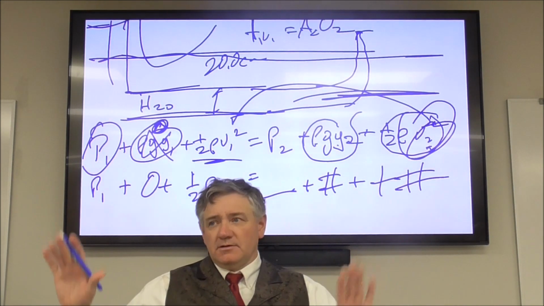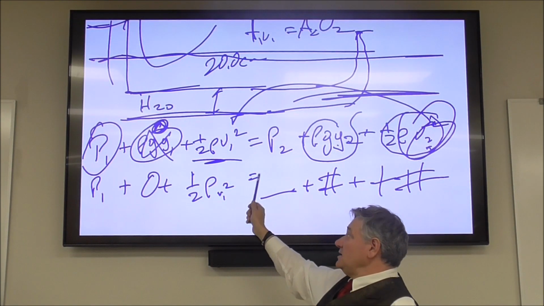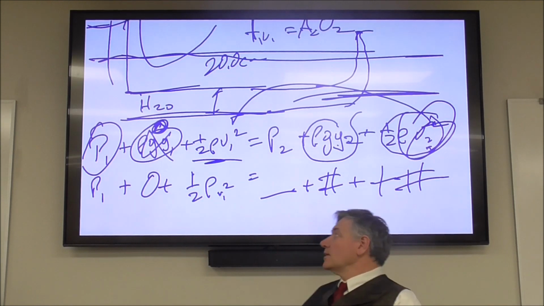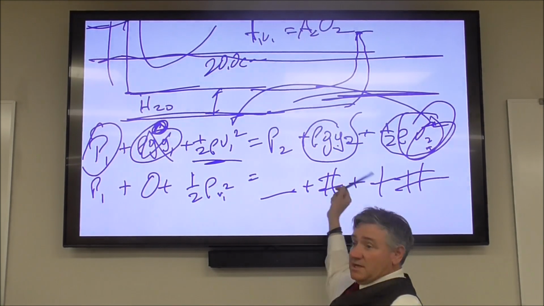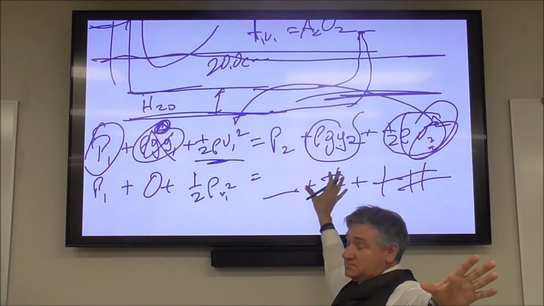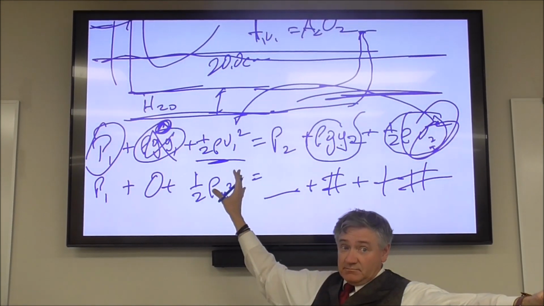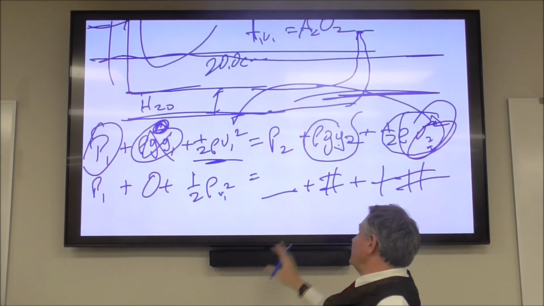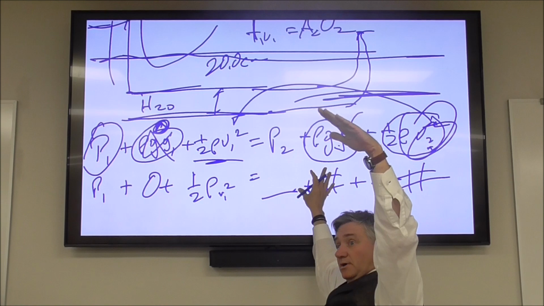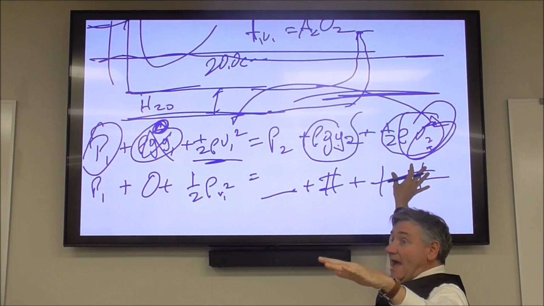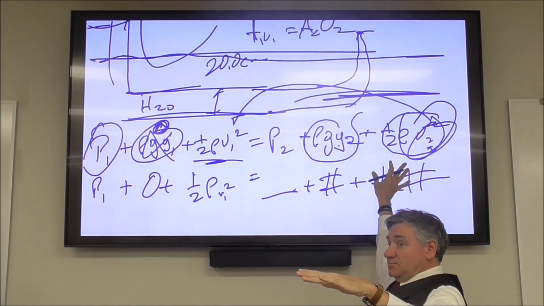Now, don't discount the importance of this equal sign here, okay? So here's what I want you to look at. Mathematically, both sides have to add up to the same thing, right? So you're storing potential energy because you're lifting this water up. It's moving fast, so you have a big kinetic energy part.